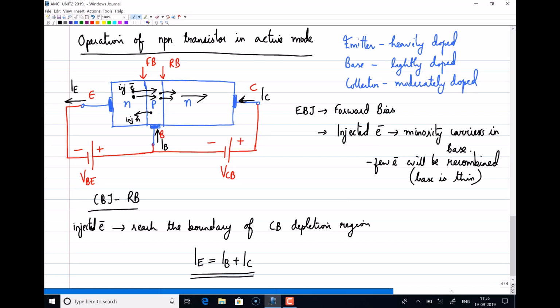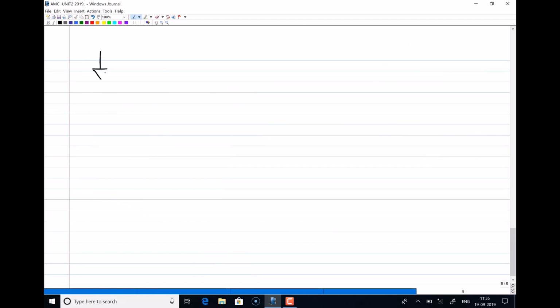Now one more thing we can write here. All these currents can be expressed in terms of diode current. Say if you have a diode, the current through the diode is expressed as ID is equal to IS into e to the power VD by eta VT.